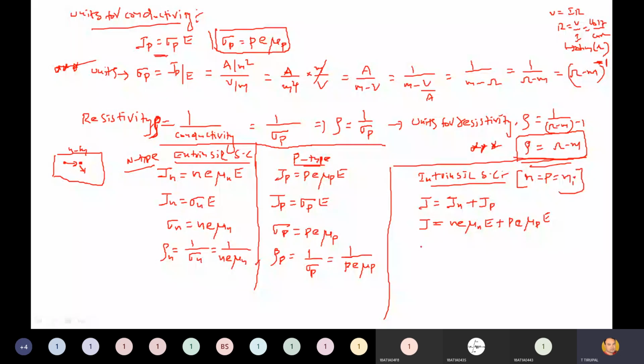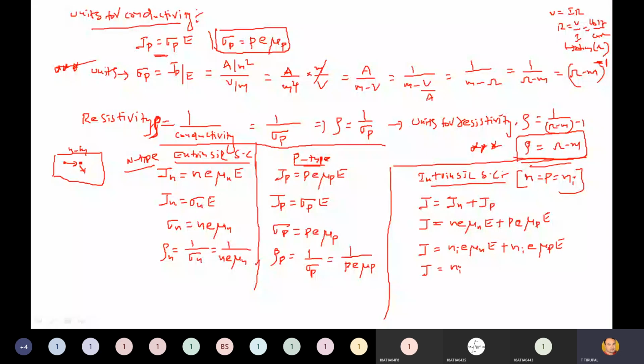Now substitute this. J is equal to, instead of N, I can substitute Ni, into e mu N into capital E, plus, instead of P, I can substitute Ni, e into mu P into capital E. Take out common terms. What are the common terms here?